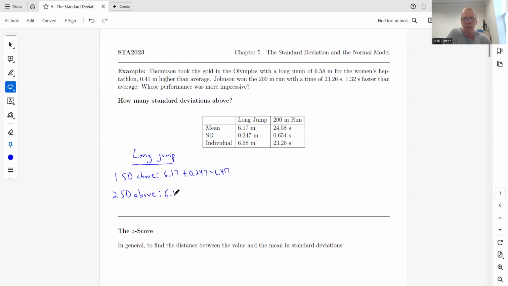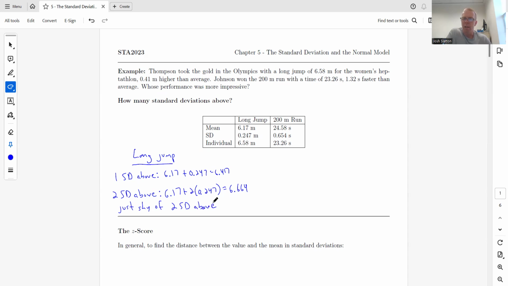That would be 6.17 plus 2 times 0.247, and that will give us 6.664. And so now we've gotten a little bit above it. So we could say that the long jump is just shy of 2 standard deviations above. I'll just write above, but we mean above the mean.